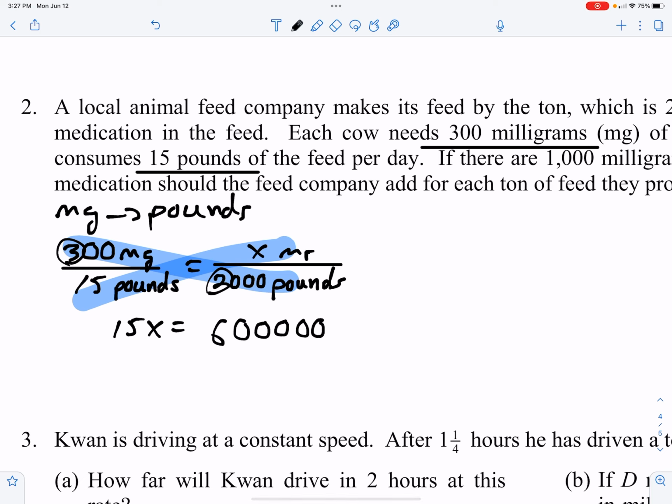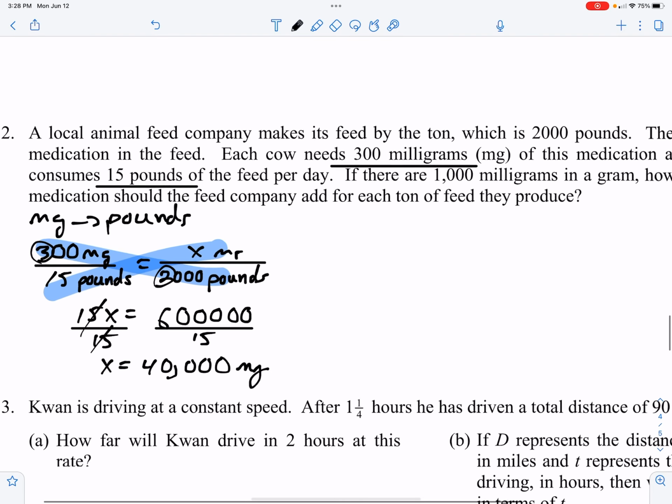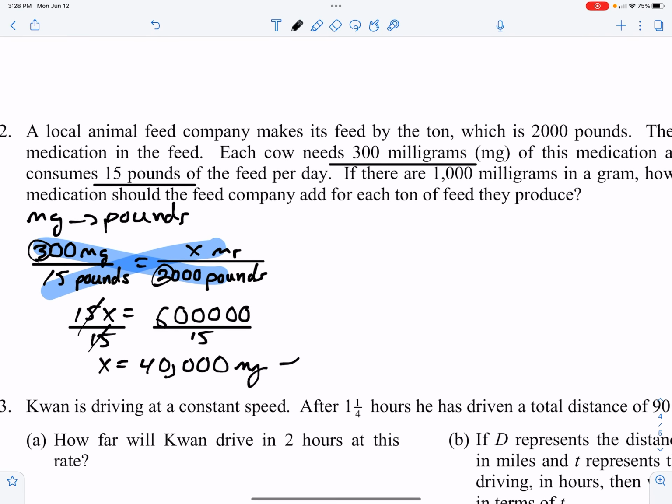One extra zero, sorry. Total of 5 zeros. I only put 4 zeros. Divide by 15. And 600,000 divided by 15, we're looking at 40,000 milligrams.